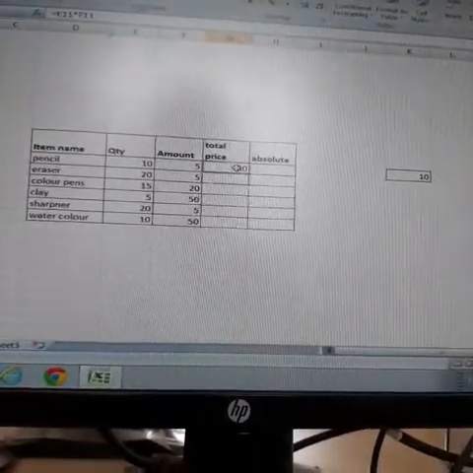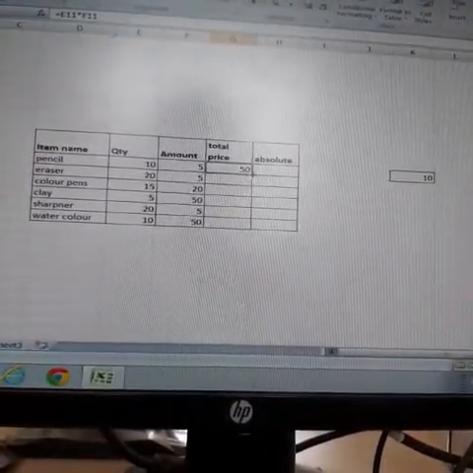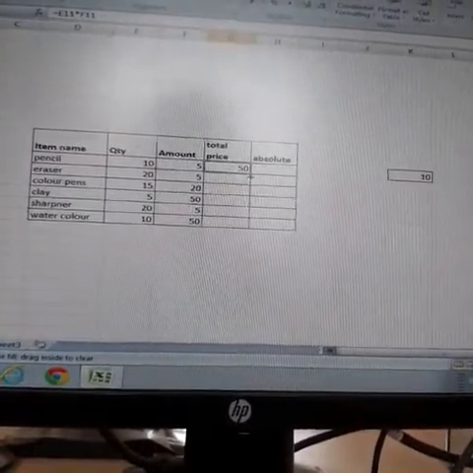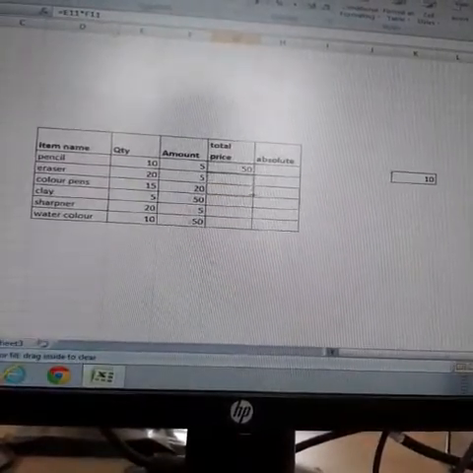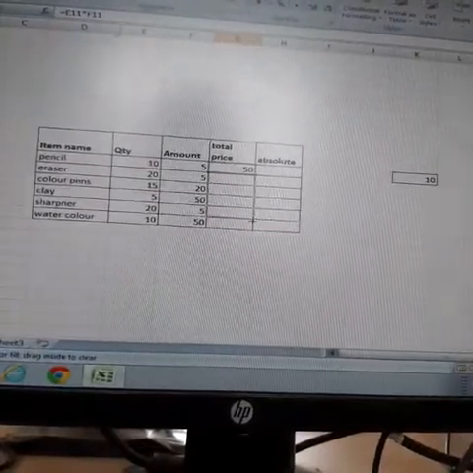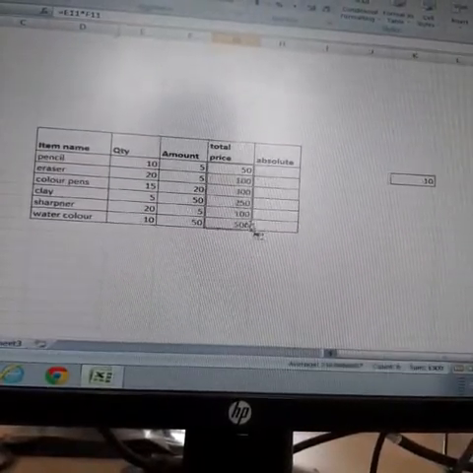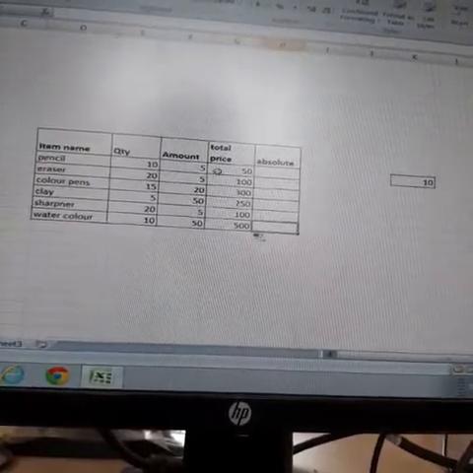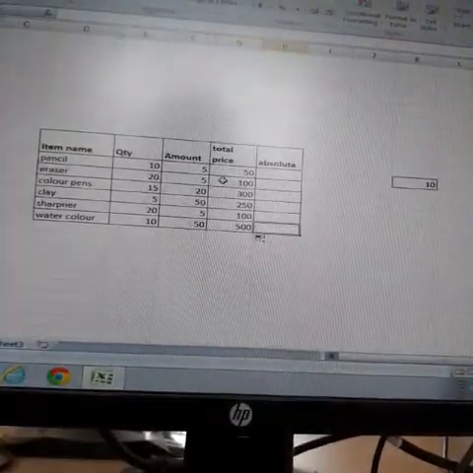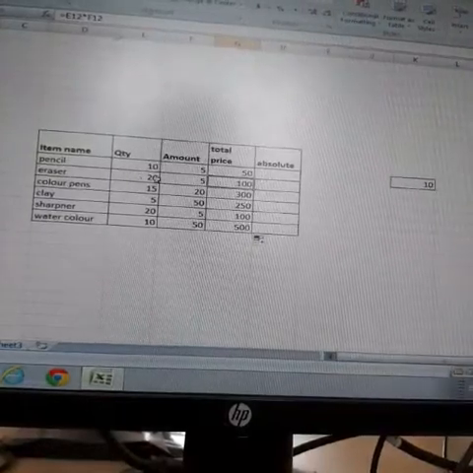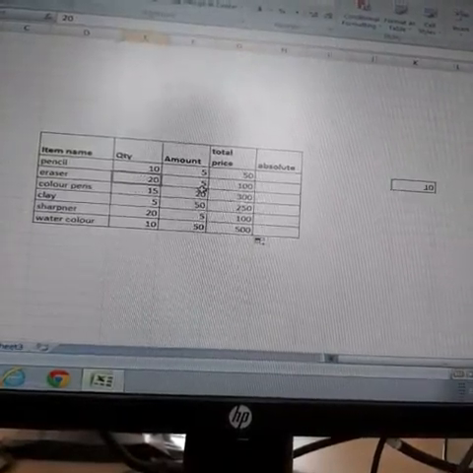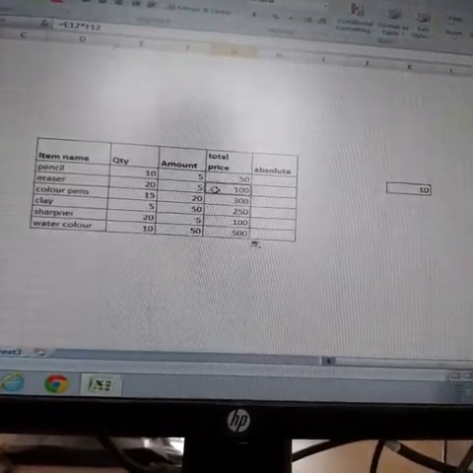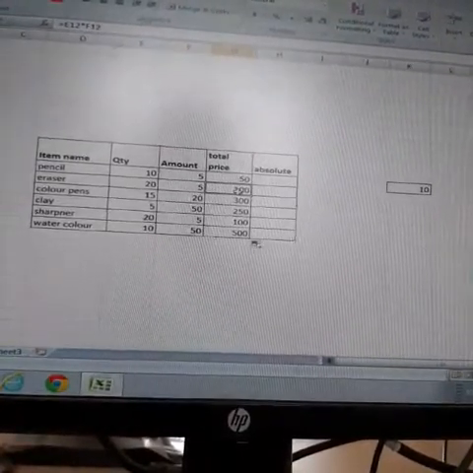Suppose when I drag this formula down for each and every cell, then it will take values relative to the particular column and particular row, and it will give the answer. This is the relative reference. That means I am not typing the cell addresses myself, that is E12 and F12, but it will take E12 and F12 directly and give us the answer.